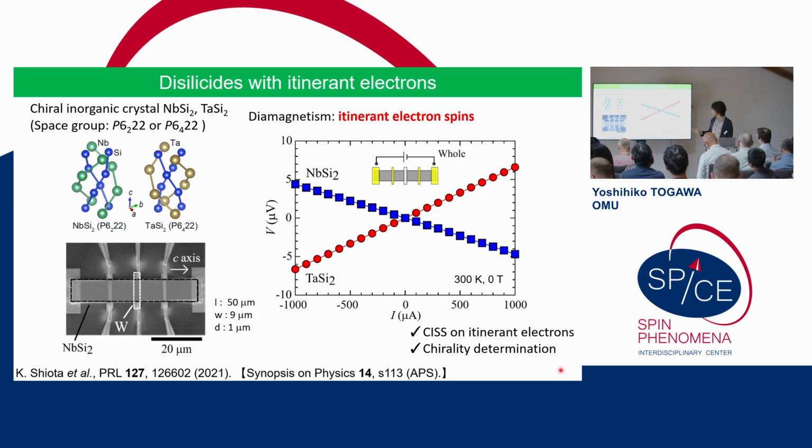In this case, we have a similar signal, but the magnitude is about 1,000 times smaller than the previous case. We don't know why, but definitely the electronic structure is different between these two materials.